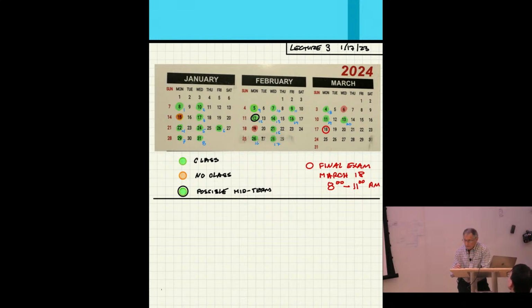Are we agreed on Feb 7? It'll be less material, which is good or bad. That means the final is going to be a little heavier. Is the final cumulative or not? It will be, but I'm going to focus more on the last half. Yeah, the final will be covering everything, but we'll focus on the last half. 7th midterm? Everybody seems to like that. Good for you. Okay.